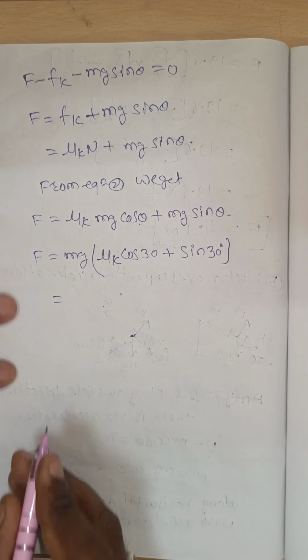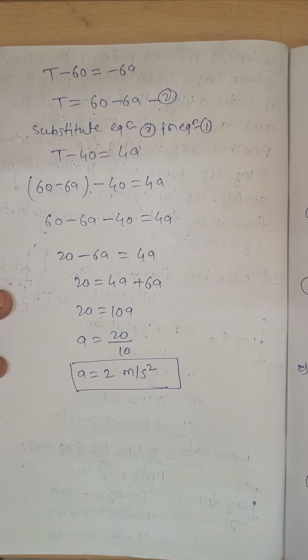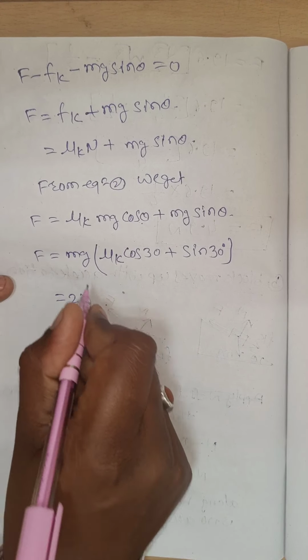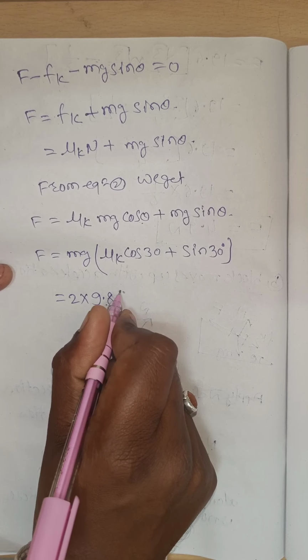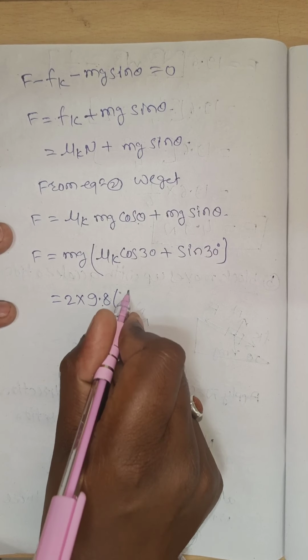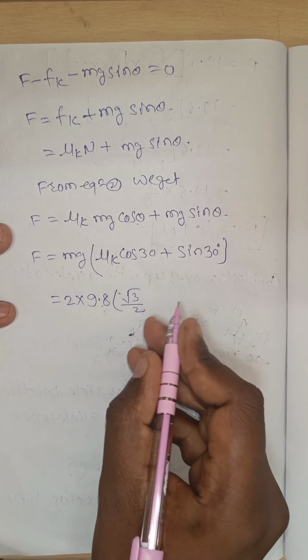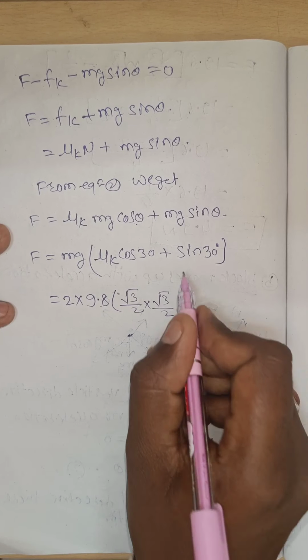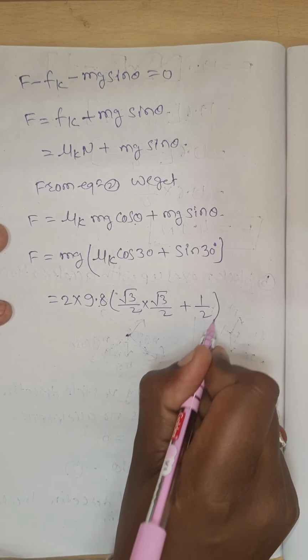The mass is 2 kg, g is 9.8, mu k is root 3 by 2, cos 30 is again root 3 by 2, plus sin 30 is 1 by 2.